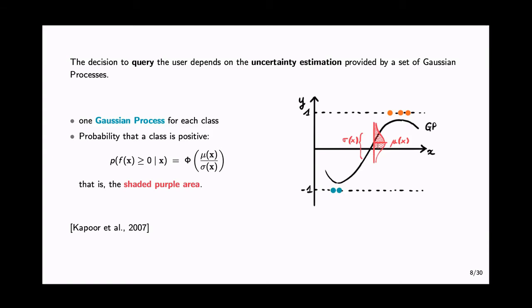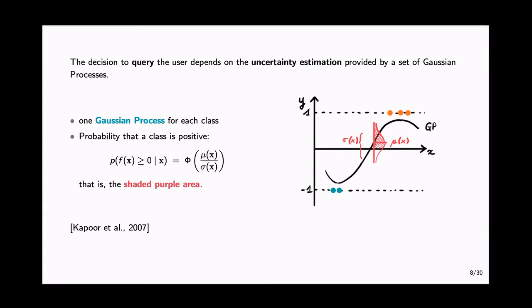For an instance in this place, the probability that it is positive is given by this formula, which is a cumulative distribution function that takes the mean and sigma.